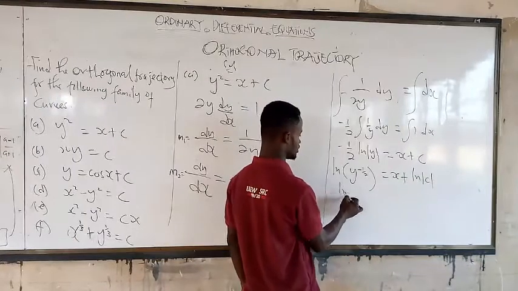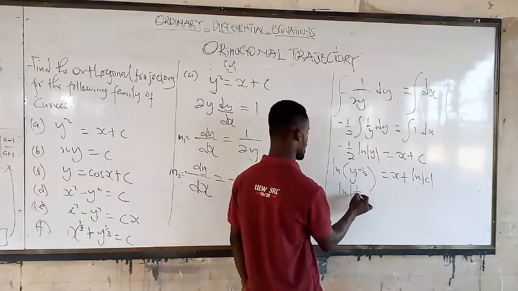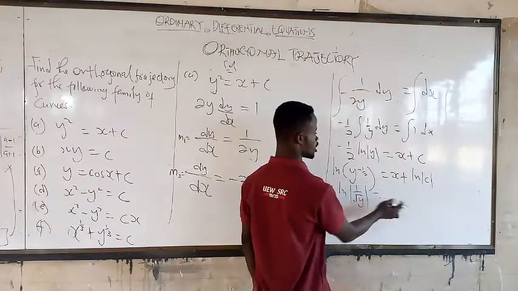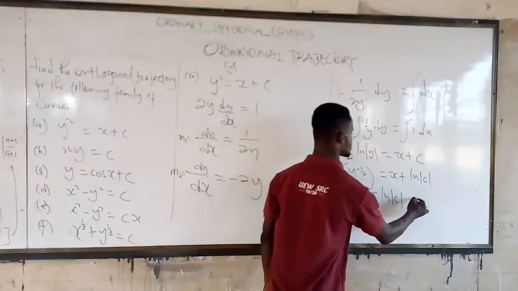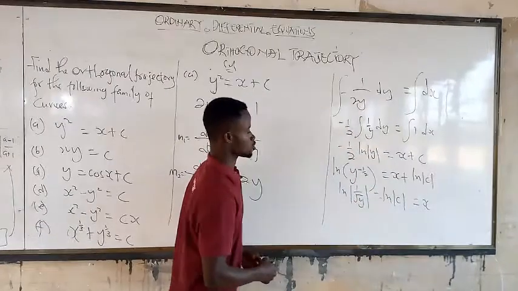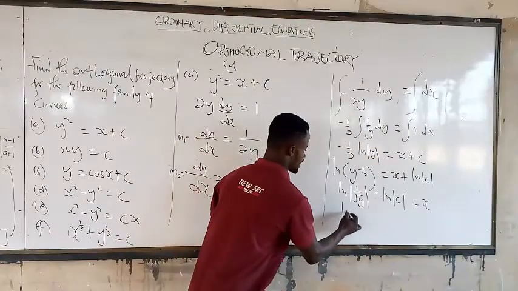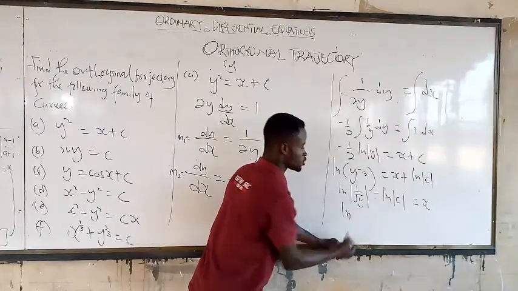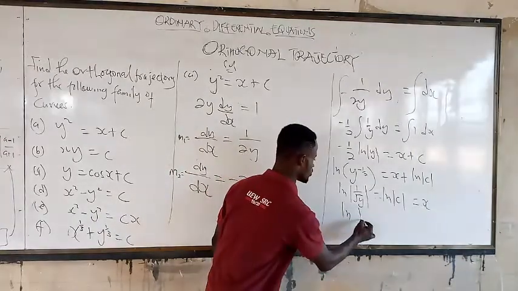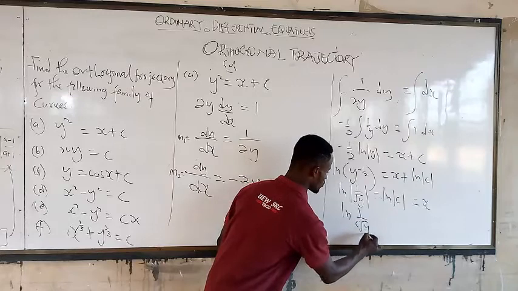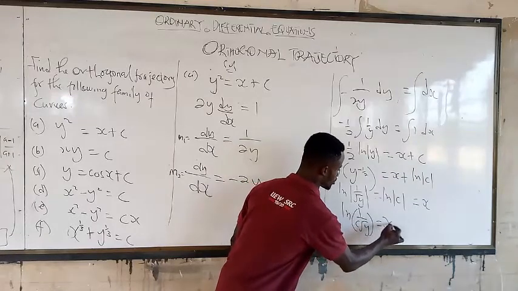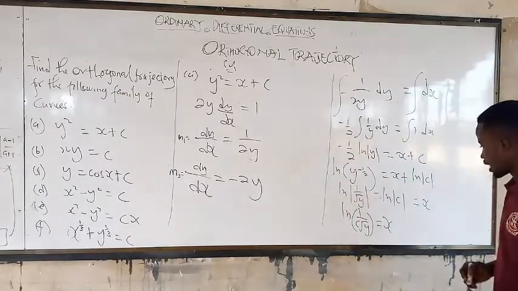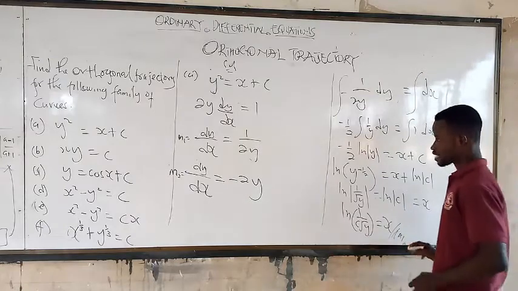So this is ln 1 over square root of y is equal to minus ln c is equal to x. So we get ln, since here is subtraction, we divide, so we get 1 over c square root of y is equal to x. So that becomes the final answer for that.